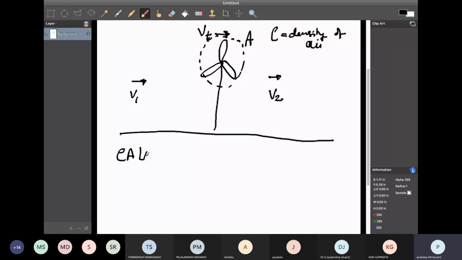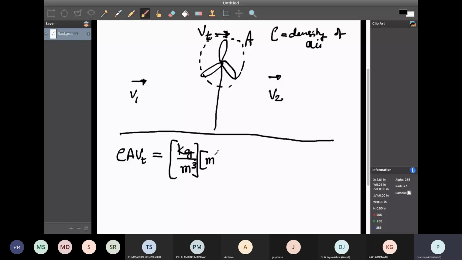So let me just look at it in terms of units. What is the unit of density? It is kg per meter cube. That is the density, that means mass by volume. Similarly, what is the area? Meter square.